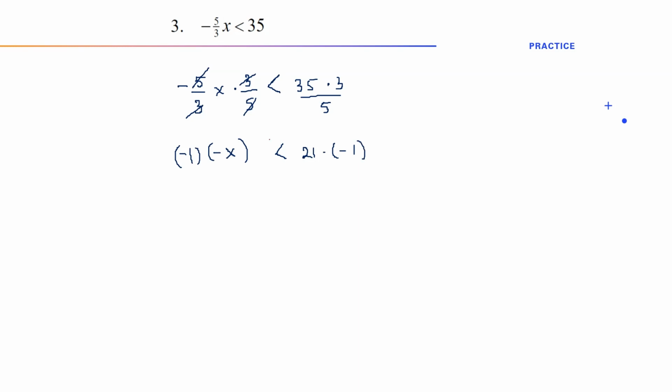So remember to change the direction. So it becomes x positive, because negative 1 times negative x is x, and we change the direction. So it will be x greater than negative 21. And how do we represent this one? By using interval notation: greater than, so it's only open parenthesis, negative 21, comma, positive infinity, close parenthesis.